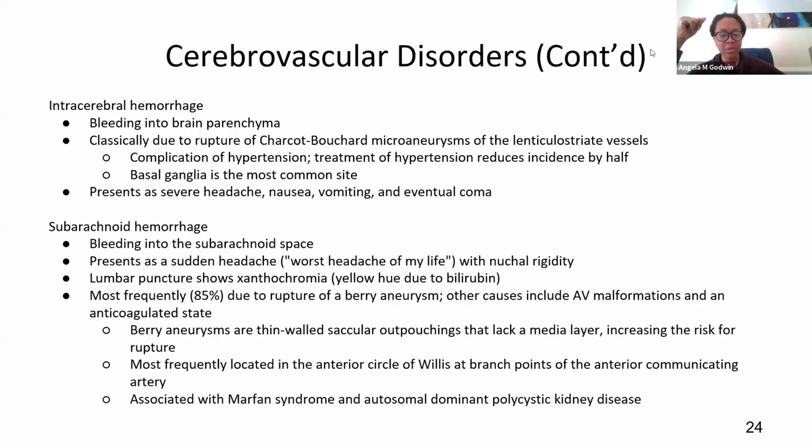So something else that would be a good question is, if a patient presents with nuchal rigidity, distinguishing between a subarachnoid hemorrhage versus meningitis. But these people specifically say, the worst headache of my life. If you were to do a lumbar puncture because of the bleed, you're going to see xanthochromia, which is that blood breakdown to bilirubin.